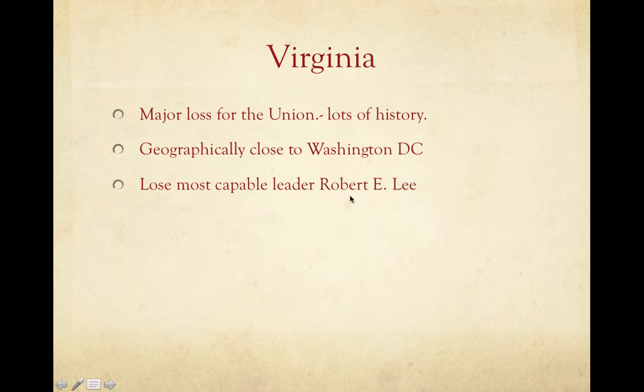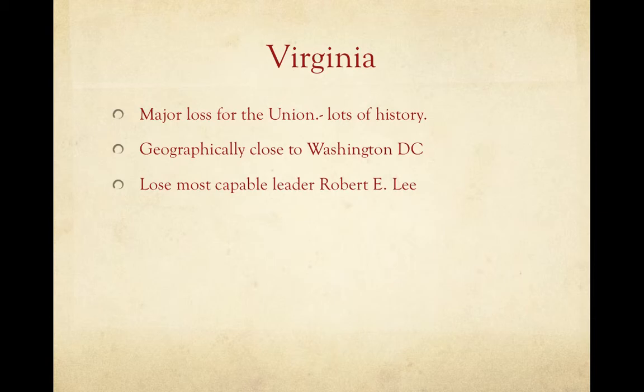And with the loss of Virginia, the Union also lost its most capable military general, which was Robert E. Lee, who will go on to become this hero of the Confederacy and often considered one of the best military minds of all history. And had his state, Virginia, stayed part of the Union, the war could have turned out much differently. However, he, the military mastermind, said that he could not fight against his fellow Virginians and left when his state left.